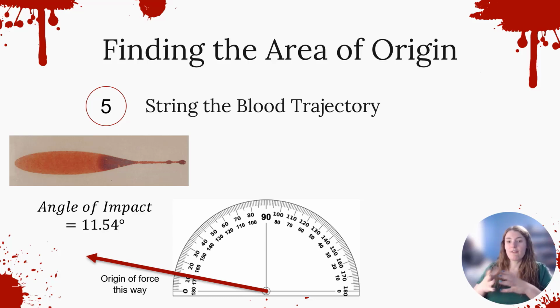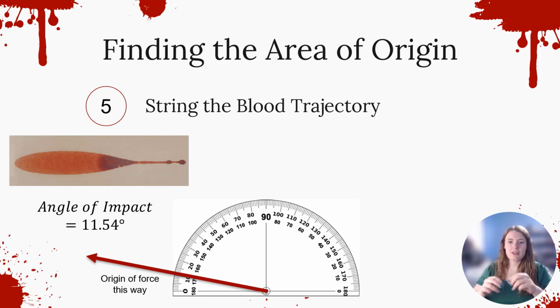If you're doing an area of origin though, which remember is the three-dimensional area of impact, you need to account for the angle of impact as well as the directionality. So instead of taping directly behind the tail end of the blood stain, you're going to tape directly in front of the blood stain, in front of the head. That way the string starts at the first location where the blood impacted the surface.